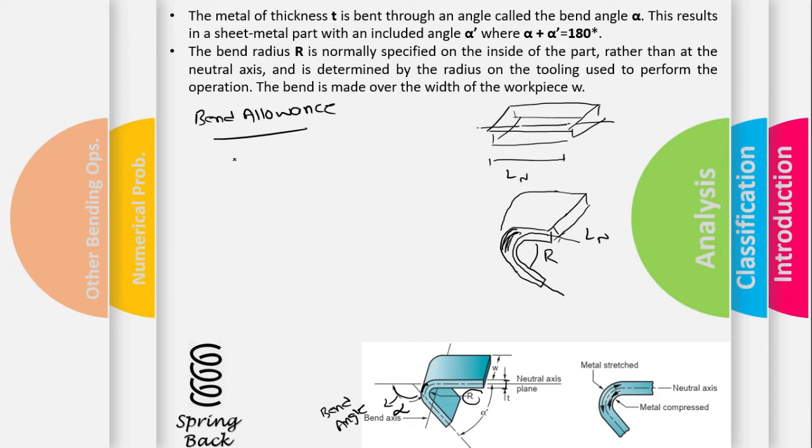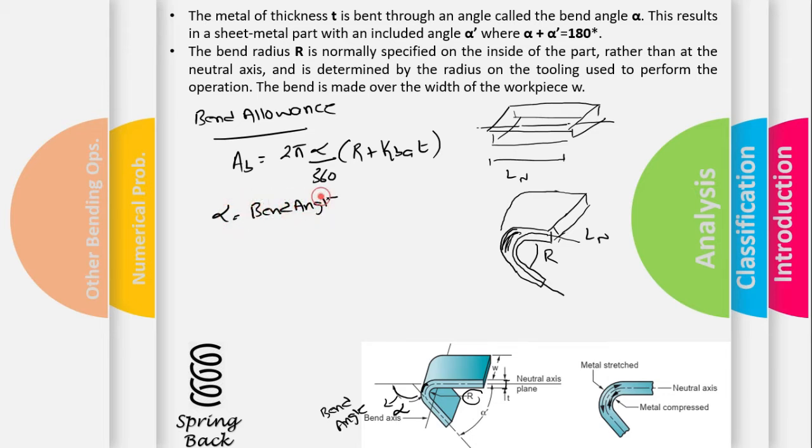So the bend allowance equals 2 pi times alpha by 360 into the quantity bend radius plus kBA into T, where kBA is a stretching factor.